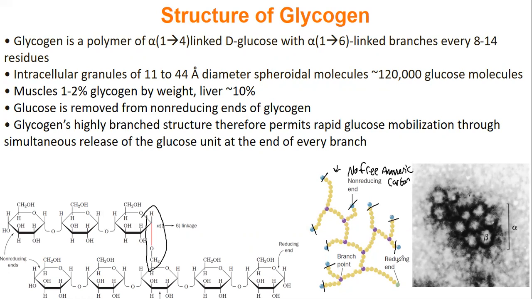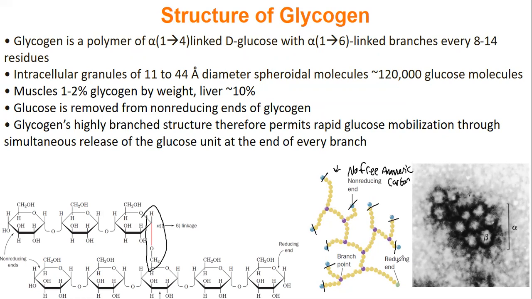Right. So in these molecules, you have something like 120,000 glucose molecules stored. Your muscles, roughly 1 to 2% of the weight of muscles is made up from sugar. Liver, 10% is made up of sugar. And we'll see later on in this course, your liver is massively, massively important when it comes to glycolysis.